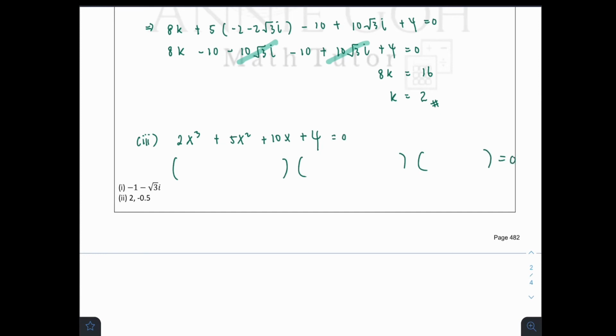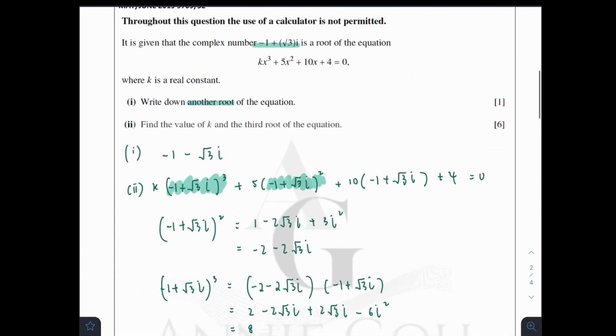And what's the first factor? Have a look at the question here. We know that the first root is this. If a root is -1 plus square root 3i, then what's the factor? For example, if a root is 1, what's the factor?